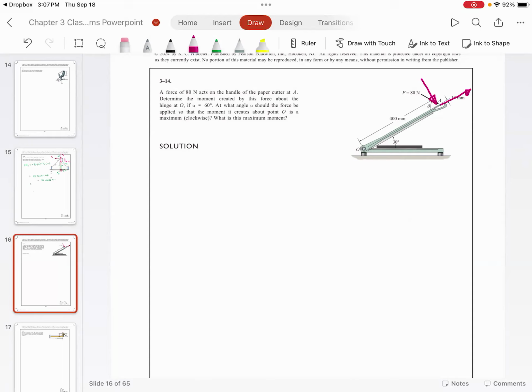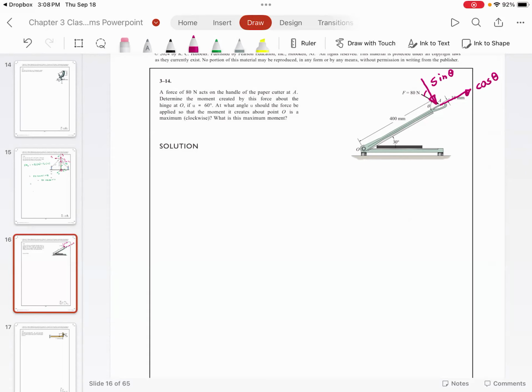Now please understand, angle theta is given with respect to 80 Newton. So this angle is actually 90 minus theta. So basically this is going to be sine of theta and this is going to be cosine of theta.